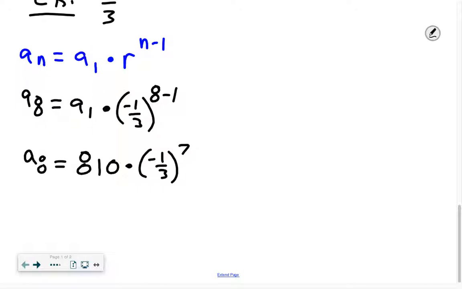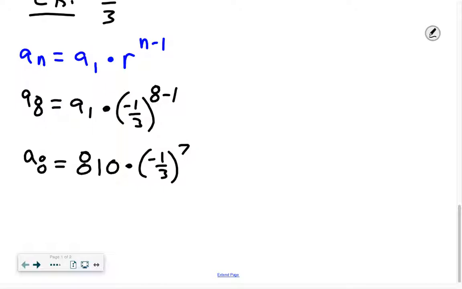Be careful how you do this. If you want the fraction, you can use the caret button. Make sure the negative is in the parentheses. So parentheses negative 1 divided by 3 parentheses caret 7. Answer that you should come up with.